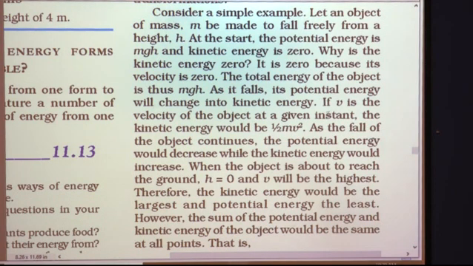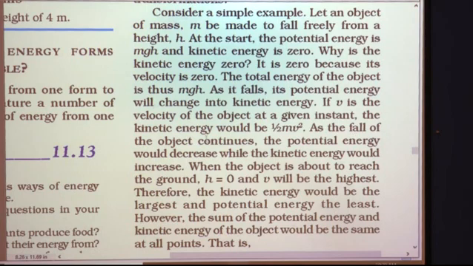So, when it falls, the potential energy which is stored in the object at that particular height will start converting into kinetic energy. If v is the velocity of the object at a given instant, the kinetic energy Ek would be half mv square.